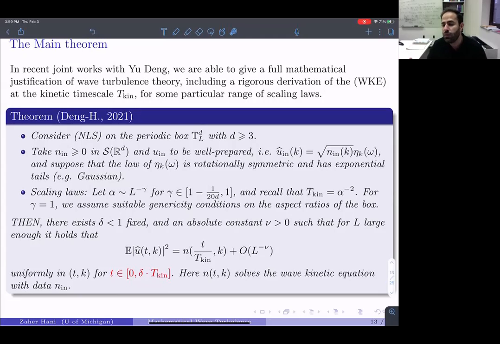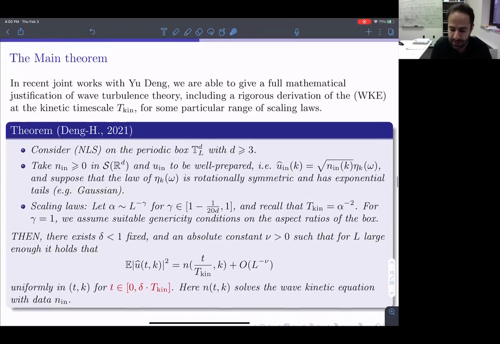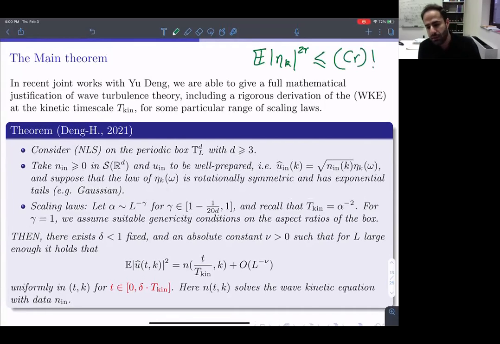And in that case, we need bounds on, when we look at, for example, the expected value of eta k to the 2r. Okay, we need that this is bounded by C^r times r factorial, in order to do our estimates, because this is related to the factorials that I mentioned, and they appear later.